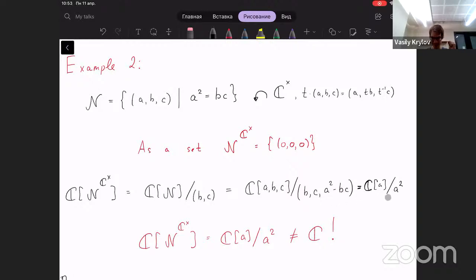So we get C of A modulo A squared. But this is not C. So we get something interesting. We get not just complex numbers as functions on 1 point, but we have complex numbers and an additional nilpotent element A, which lives here. Any questions about this example?